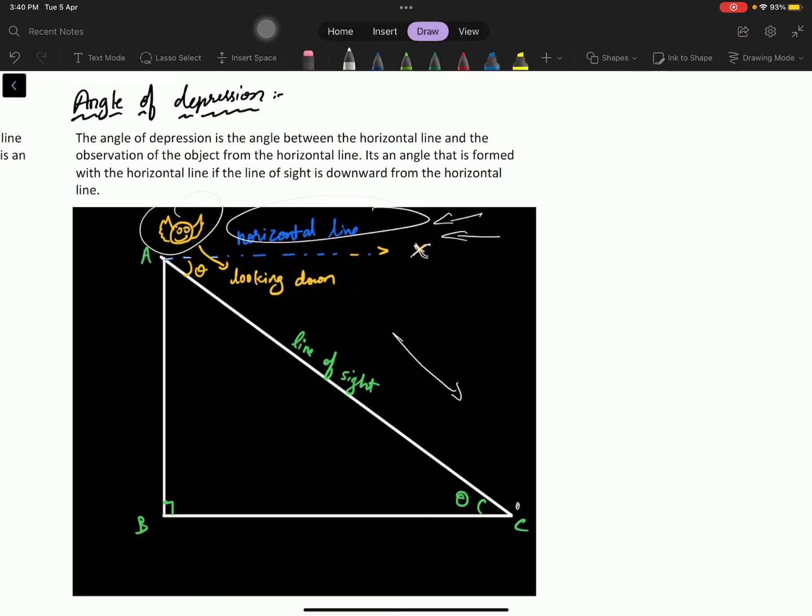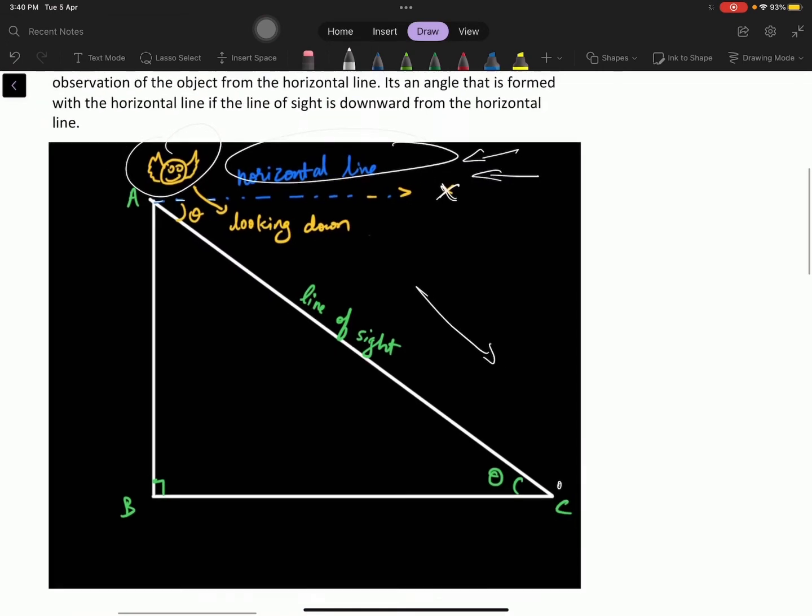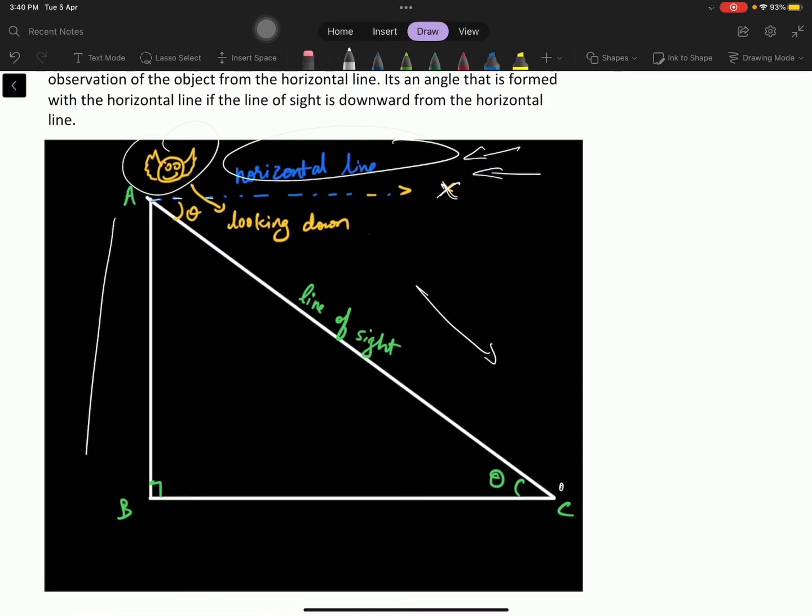This becomes imaginary now. Before, the line of sight was imaginary. Here the horizontal line and the line of sight are both imaginary. Only the height of the tower and the distance from the tower are real. These two are imaginary lines drawn by us for measurements.